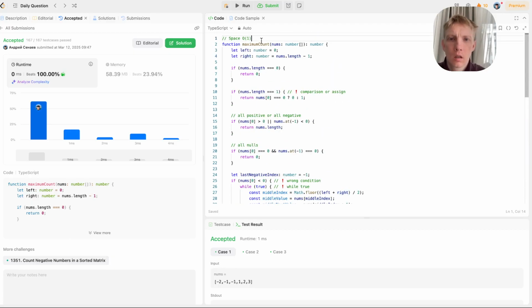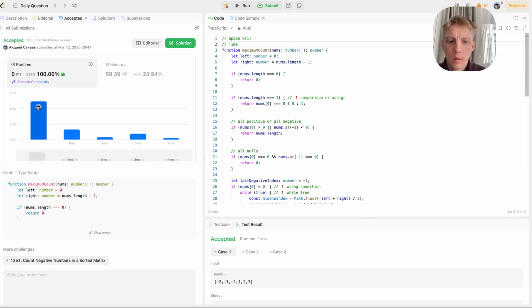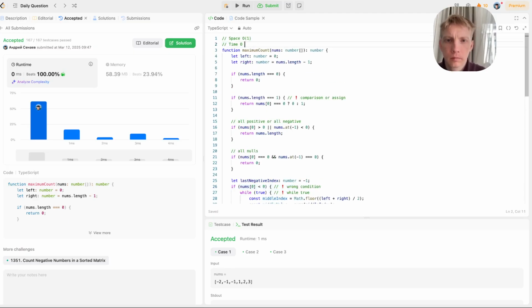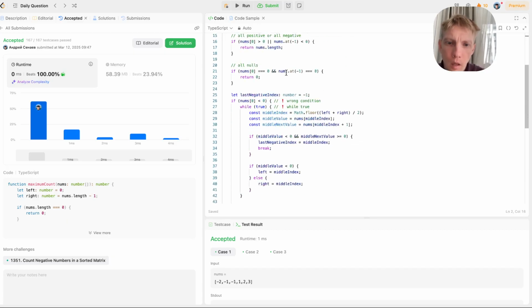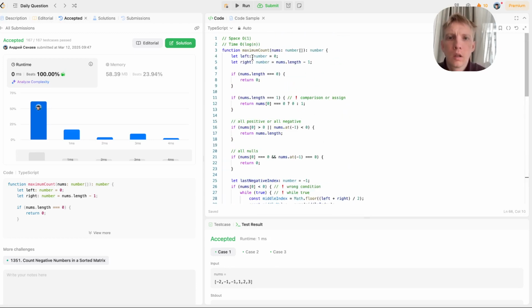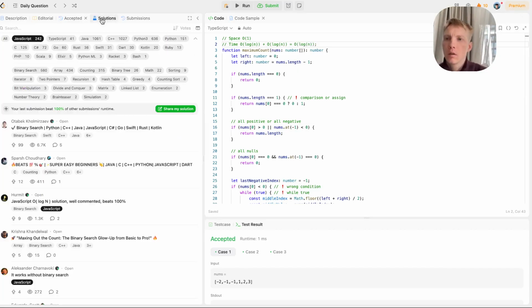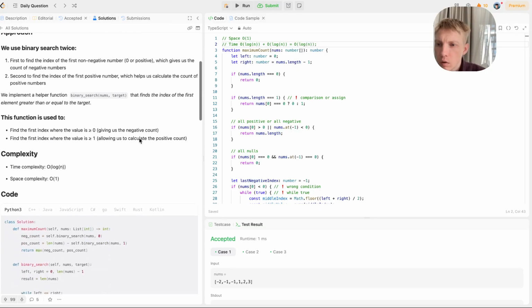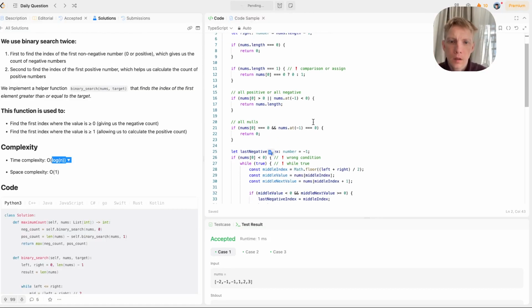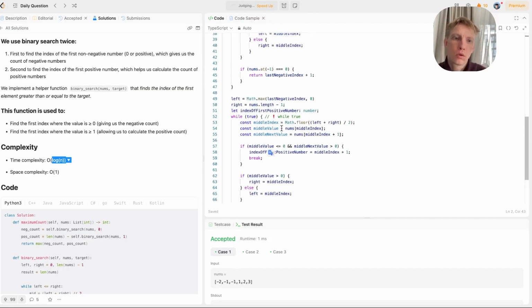And time complexity would be O(log n) for the first binary search, and the second binary search would be O(log n) as well. Which would be O(log n). I'm not sure if I've written it correctly. O(log n), no, everything is okay. So yeah, that's it. This is my final solution.